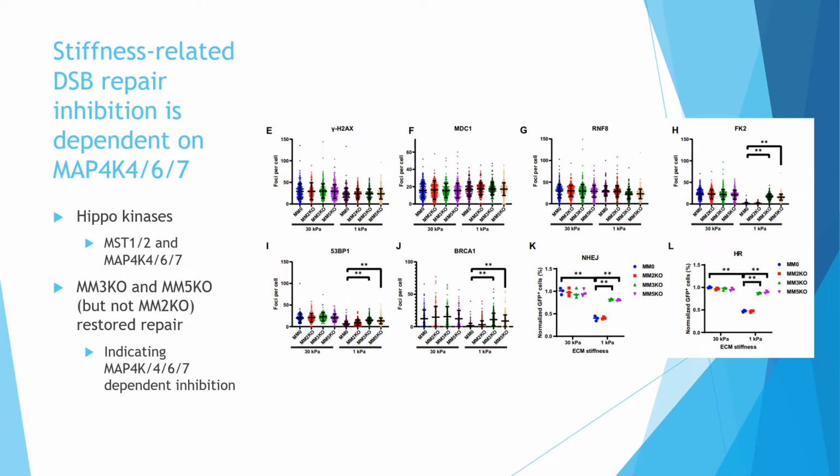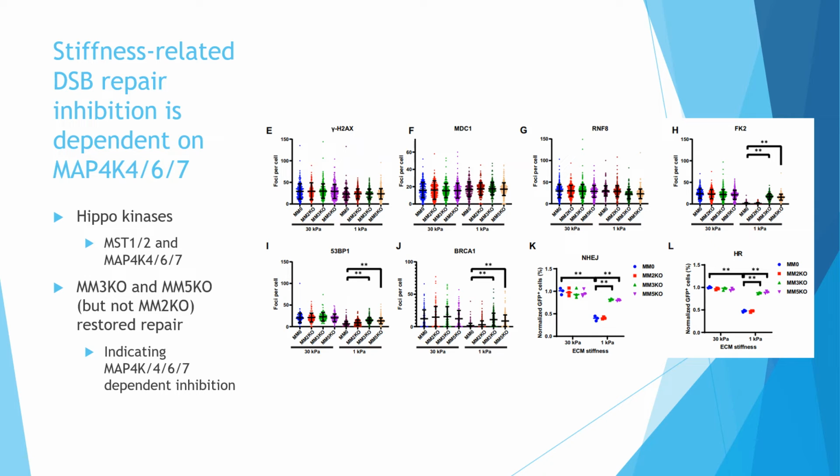And so what they found was that, again, in this chronological stepwise fashion where each panel indicates the next step of the repair pathway, cells with MM3KO and MM5KO actually had significantly higher levels of foci at FK2, 53BP1, and BRCA1. So those cells actually fared better at their DNA double-strand break repair than those with just the MM2 knockout, as well as the wild type with no knockouts, so MM0. And so this indicated that inhibition was actually dependent on the MAP4K 4, 6, 7 hippokinases.